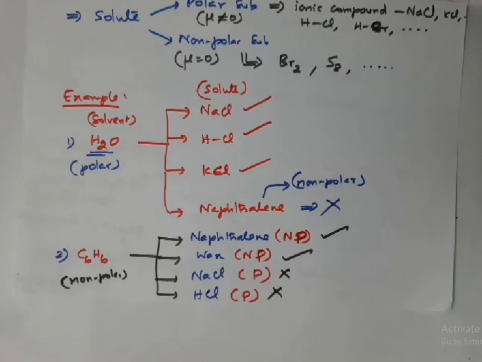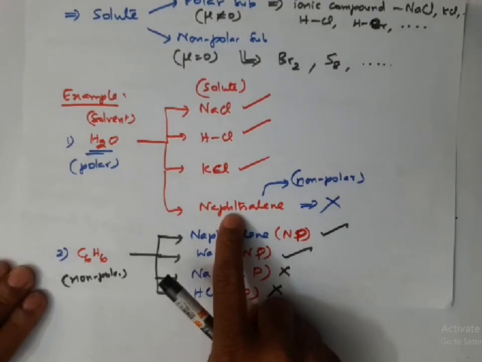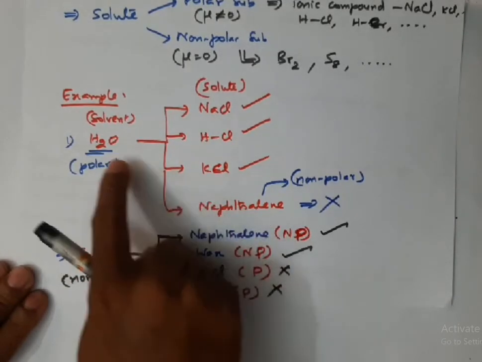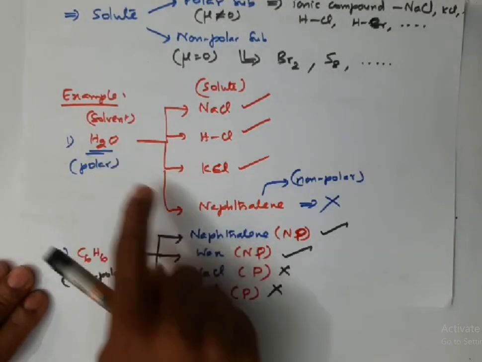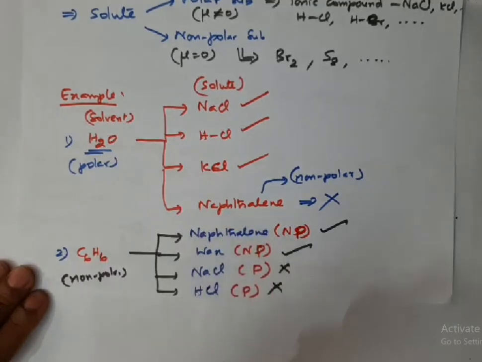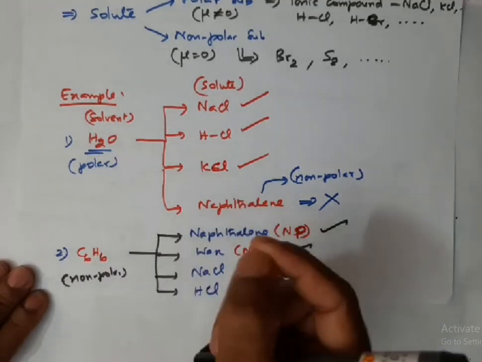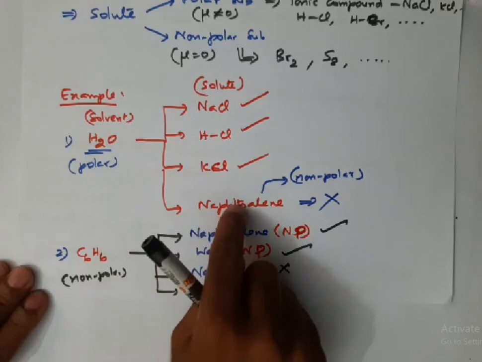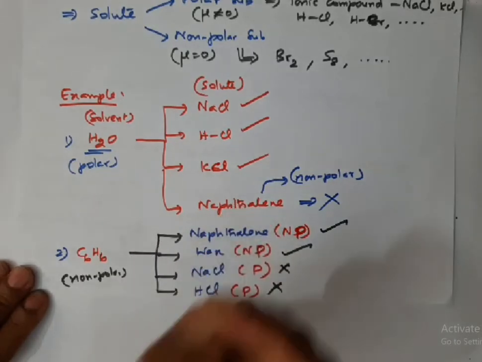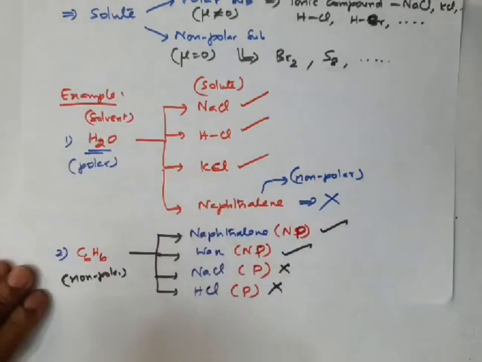So, depending upon the nature of the solute and the nature of the solvent, solubility will vary. Actually, we say that naphthalene is insoluble in water, but actually a very small amount of naphthalene can be dissolved. So a negligible amount can be dissolved.